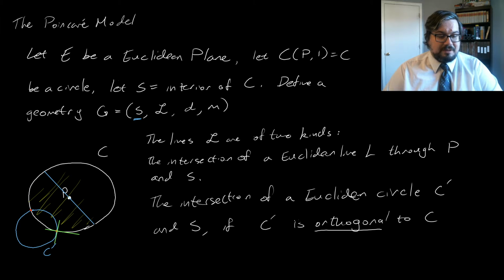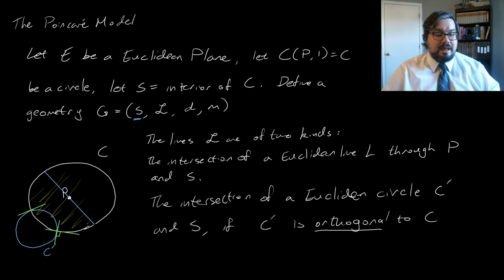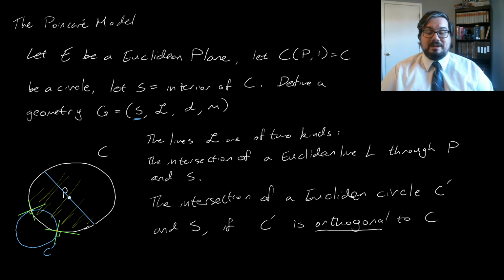So each one of these circles has a tangent line at the point of intersection, and we call the two circles orthogonal if those tangent lines are perpendicular at their points of intersection.